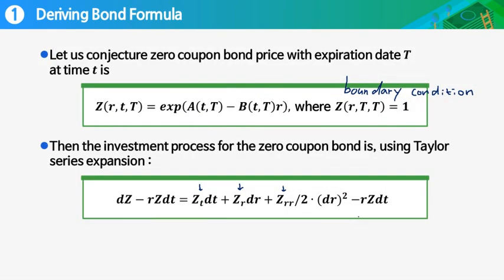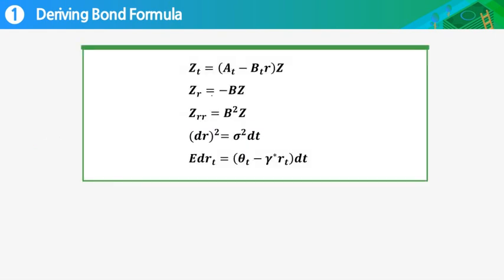Okay, so let's calculate what Z_t, Z_r, and Z_rr are. First, Z_t is basically the same as previous. Z_t is (A_t minus B_t r) Z, and Z_r is minus B Z, and Z_rr is B squared Z, and dr squared is sigma squared dt, and E[dr] is (theta_t minus gamma star r_t) dt.